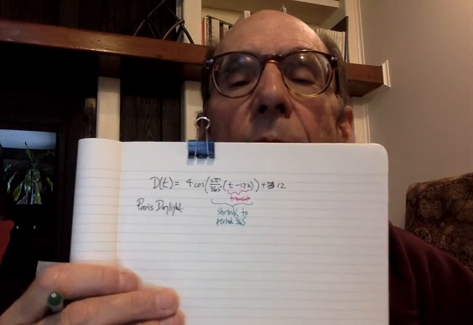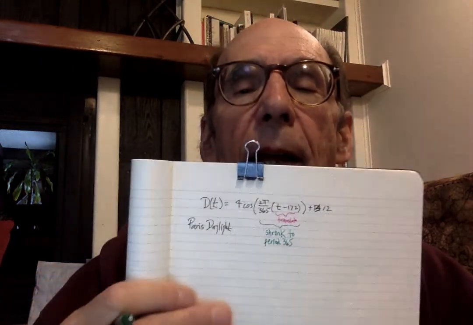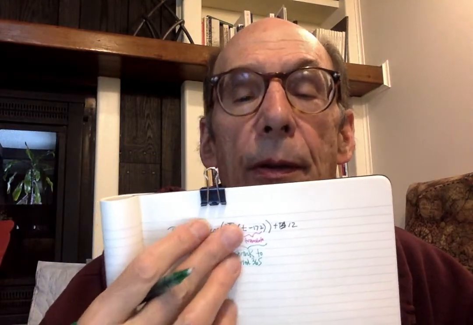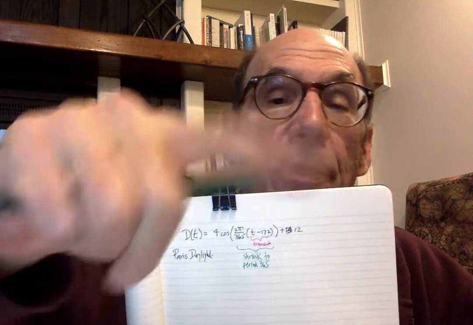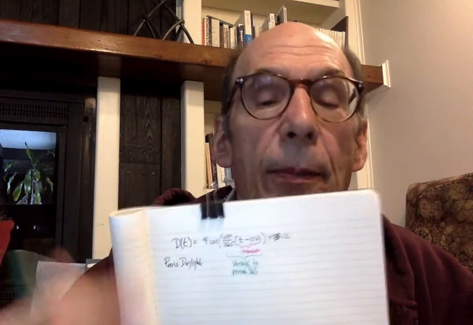And so this is a shrink or a stretch, depending. And this makes the period 365. So that's a very common trick with these periodic functions. The natural period is 2 pi, and you divide by the desired period. If you wanted it to be 60, like 60 hertz for electrical power, you'd divide by 60.